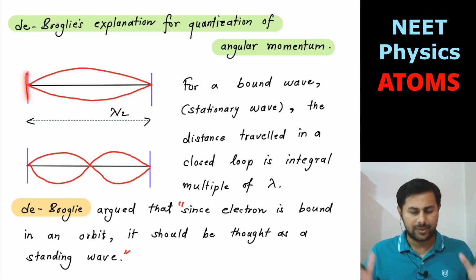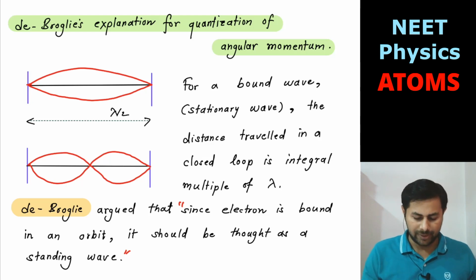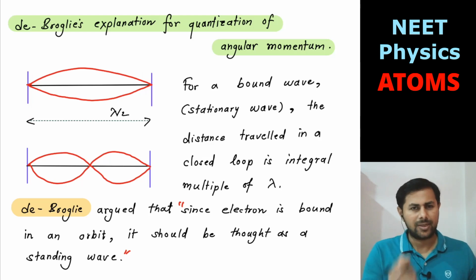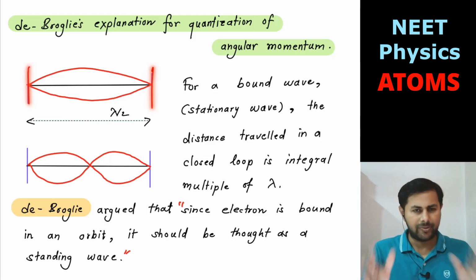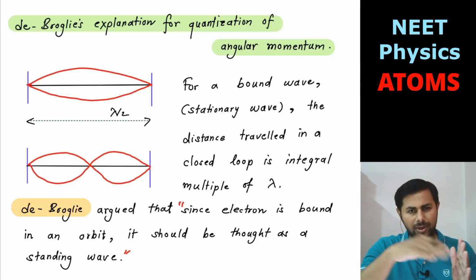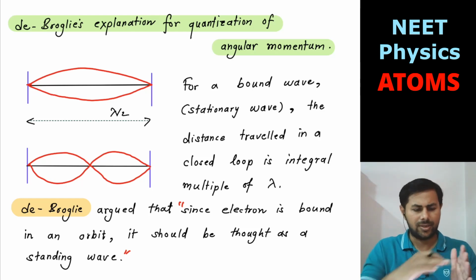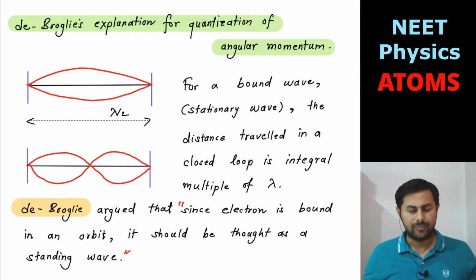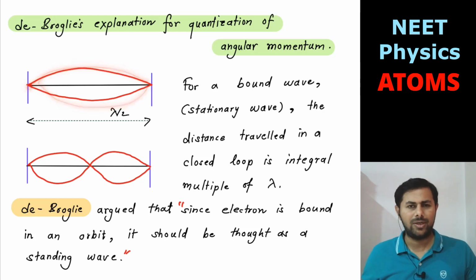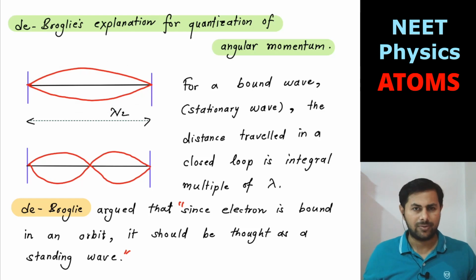See, we had seen stationary waves. What happens in stationary waves? Suppose you pluck a string which is tied between two rigid supports, two walls, then all kinds of wavelengths will be generated. But then the waves travel from this end to that end, and from that end to this end, so only a few waves can survive.